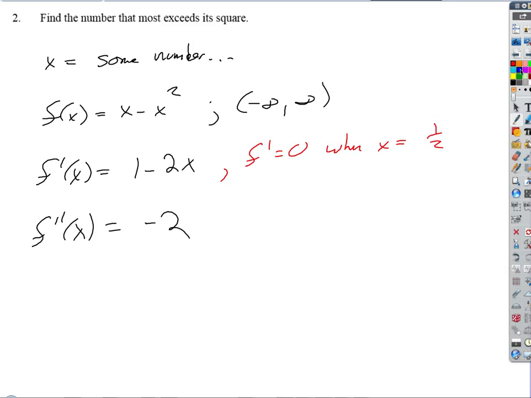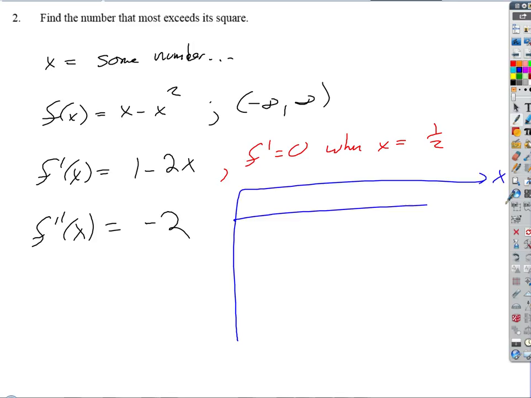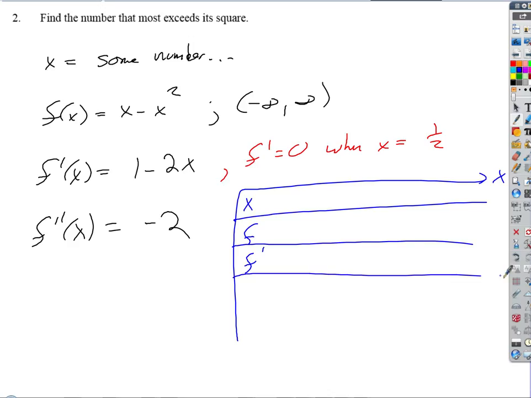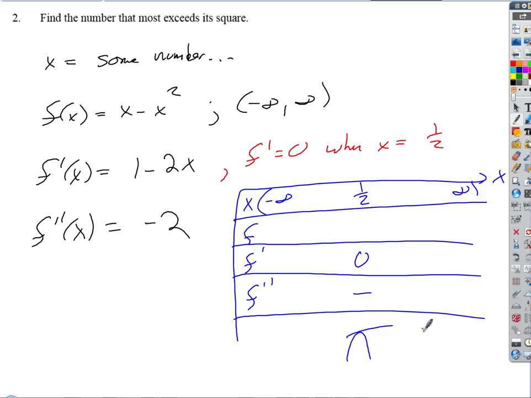So this is a pretty straightforward table. We get one critical number at 1/2. It's a 0 of the first derivative. We get a negative second derivative, so that's a maximum.